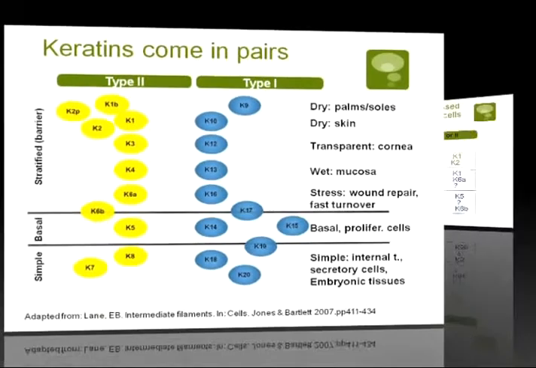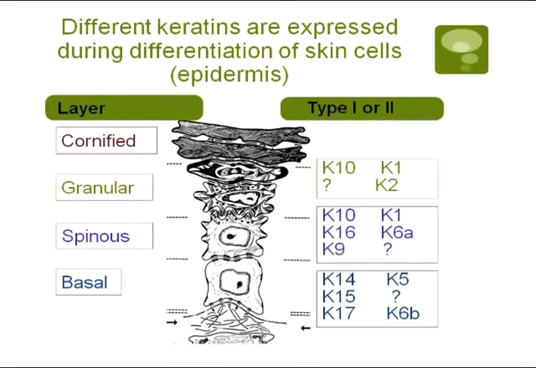And as Peter explained, our skin is really a renewing organ. So we have at the bottom the basal cells that regenerate themselves and produce more cells. They move upward, and as they go through a process of differentiation and changes to form the outer layers, the dead skin cells, they express different types of keratins.